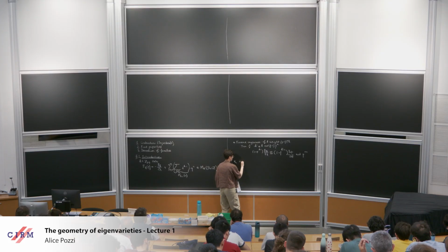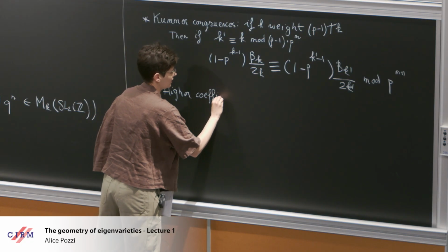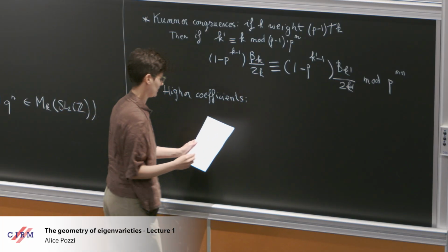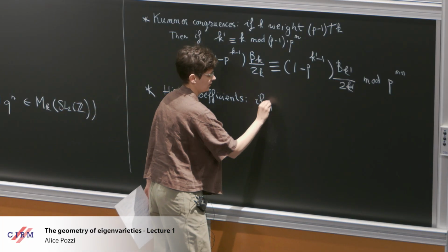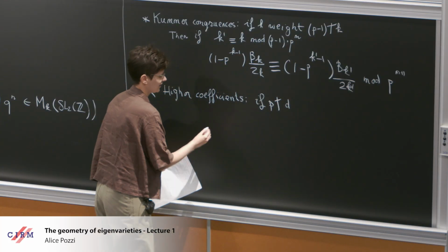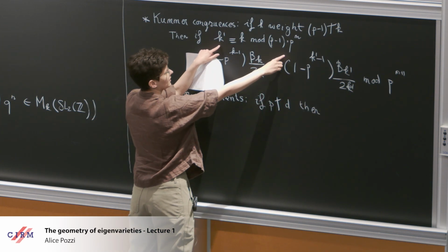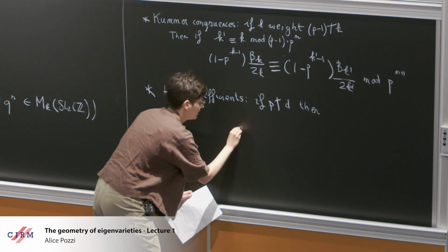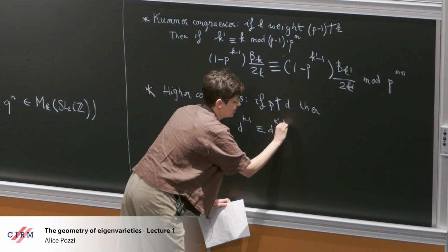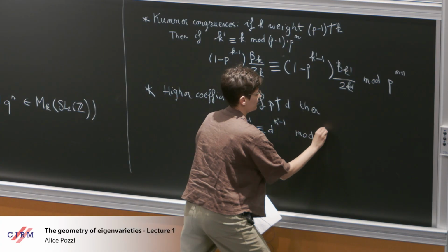So for higher coefficients, as long as we can guarantee that p does not divide d, then under the same assumptions for k and k prime, we have d to the k minus 1 is congruent to d to the k prime minus 1 mod p to the n plus 1.